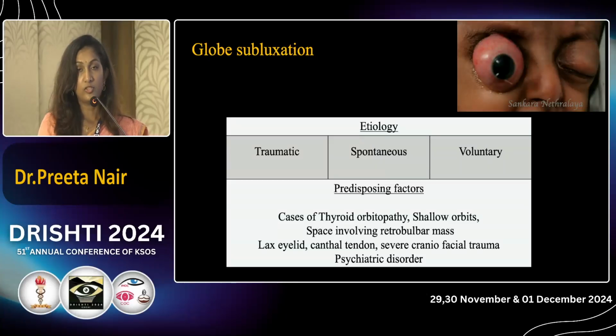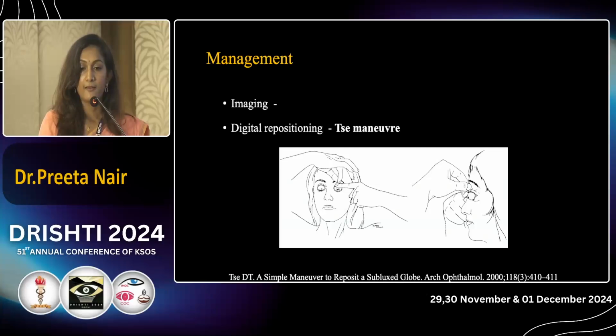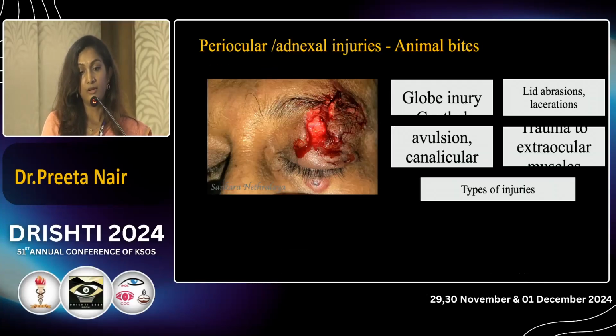Thyroid orbitopathy, shallow orbits, space-occupying retrobulbar mass, lax lids, and severe craniofacial trauma are the predisposing factors. So management will be to reposition it back into the orbit, back into the normal position, with a Sayre's maneuver.